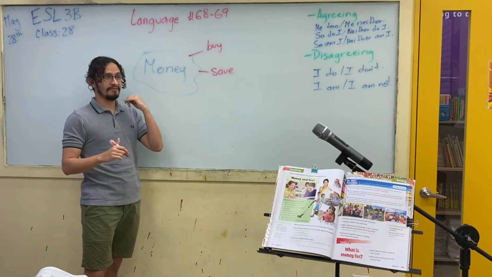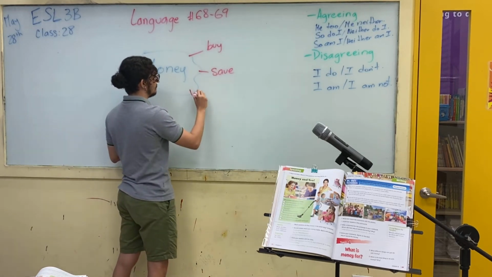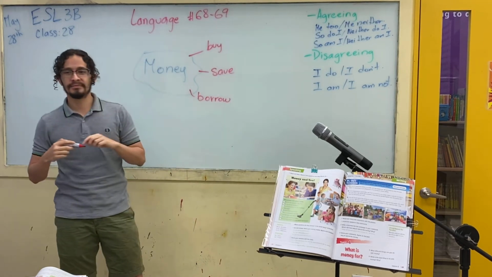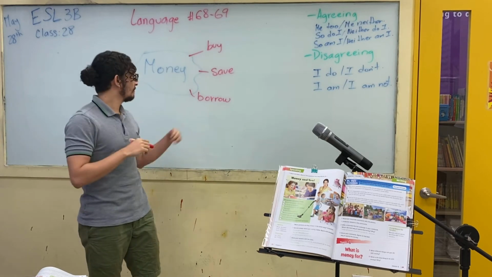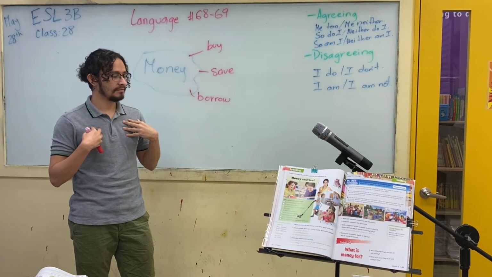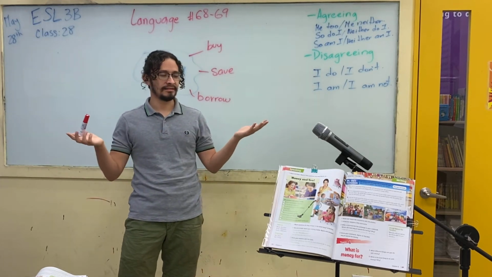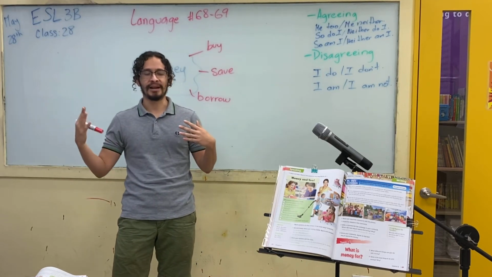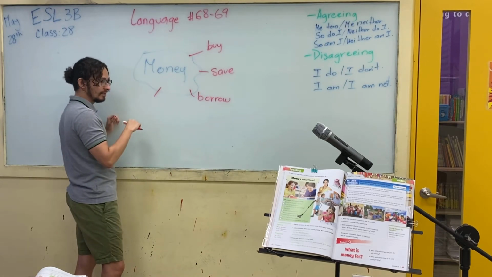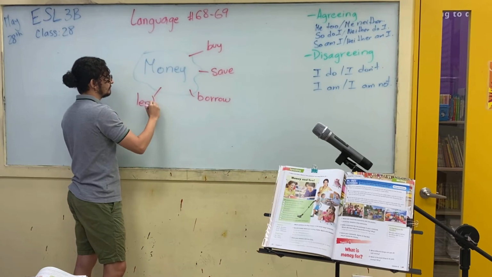Also, what if you don't have money? You can maybe borrow some money. You will borrow money from maybe your friends. So I can say, I borrowed money from teacher Ellie last year, and now I have to pay her back. Terrible. And if you have a lot of money and you want to help, you can lend money.